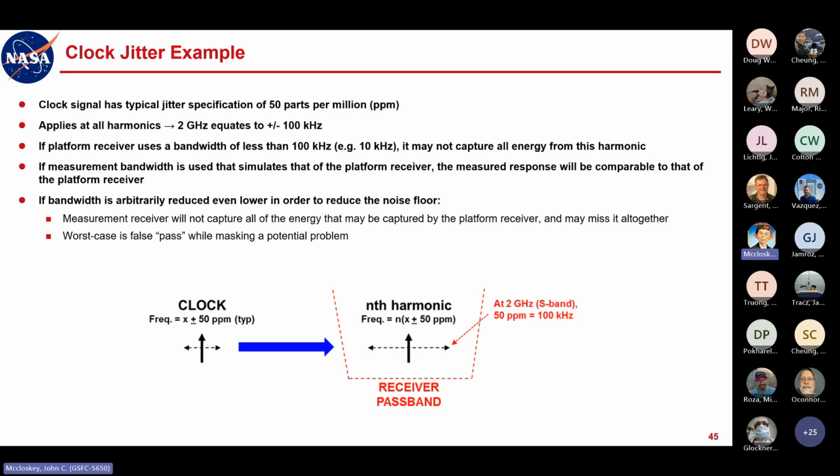I mean, that's effectively a fractional jitter spec, right? So whatever frequency you're talking about, all of your harmonics are going to have that same 50 parts per million, or whatever the spec is. So if you've got a harmonic of a clock landing in your S band at 2 gigahertz, that equates to plus or minus 100 kilohertz.